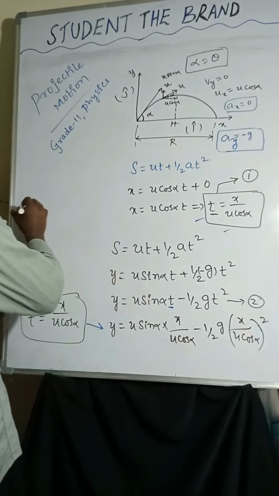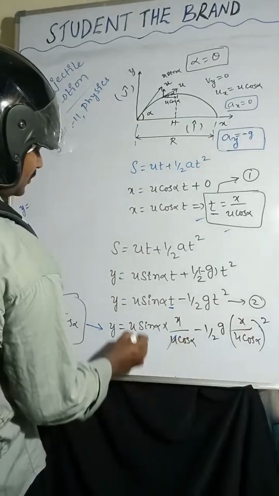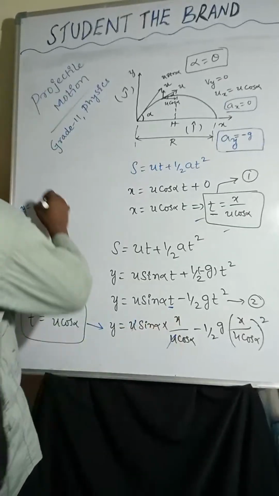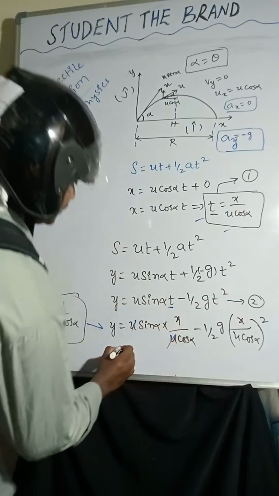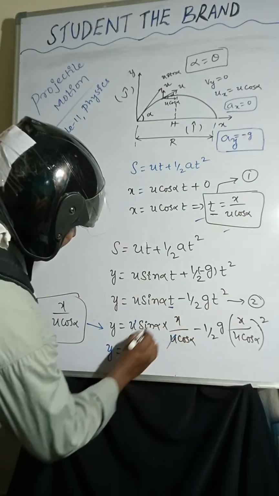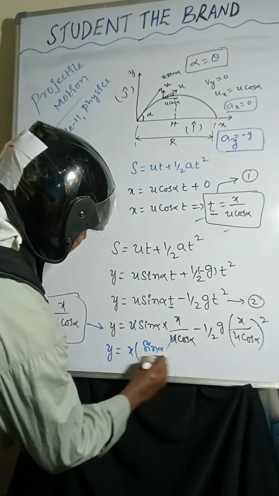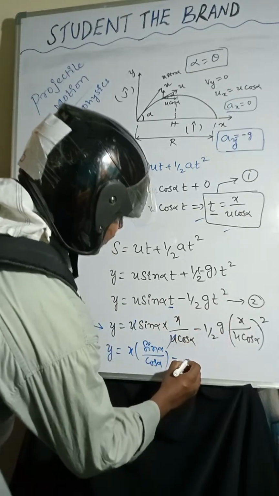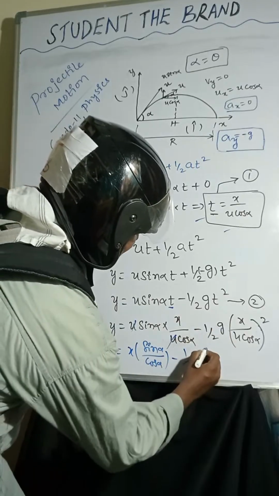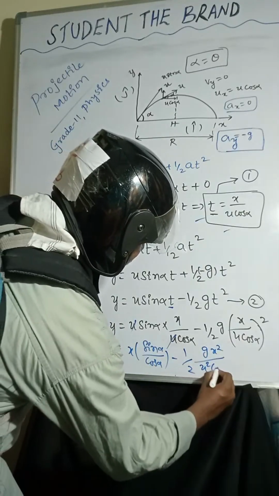Now you'll get y equal to, so u cancels, here you can take y equal to x into sin alpha by cos alpha minus 1 by 2 into g x square by u square cos square alpha.